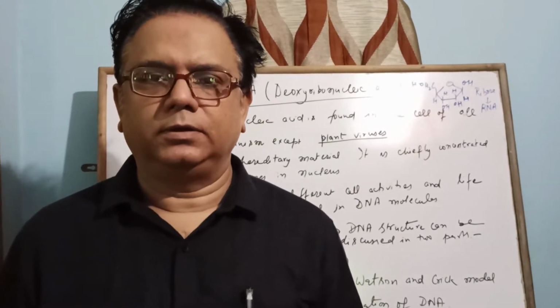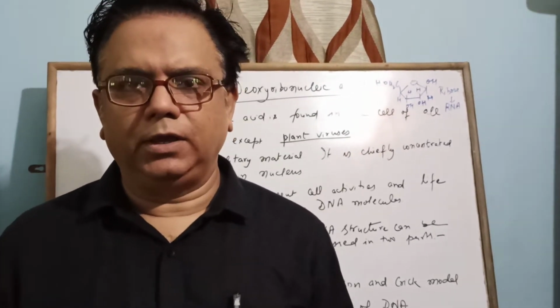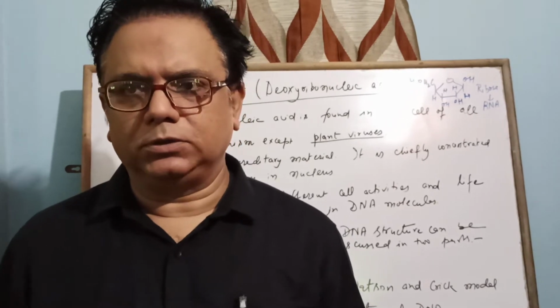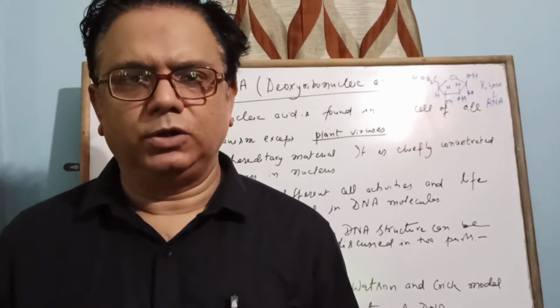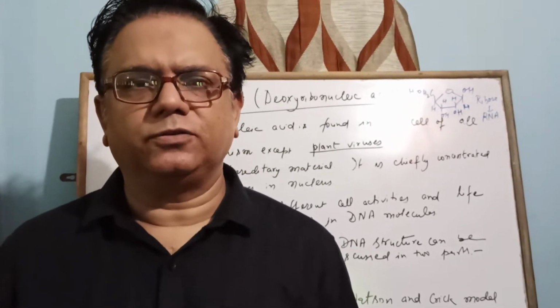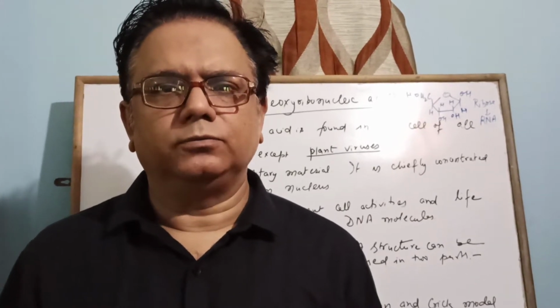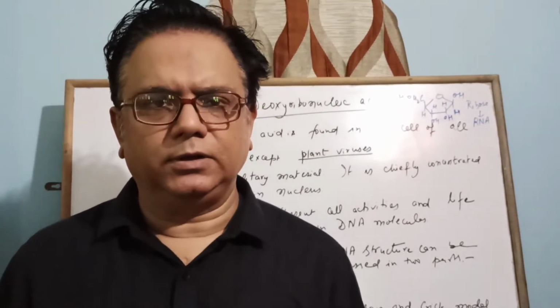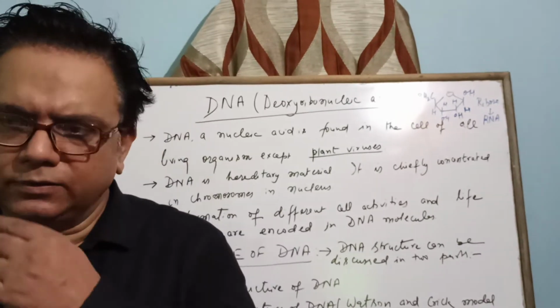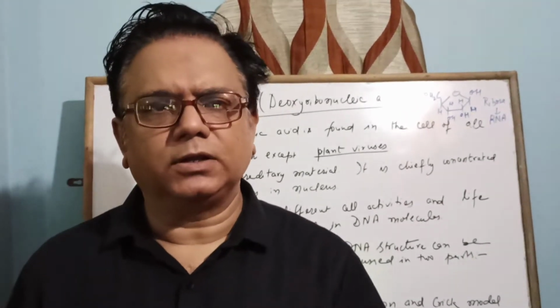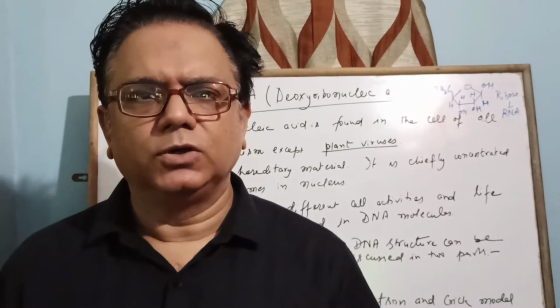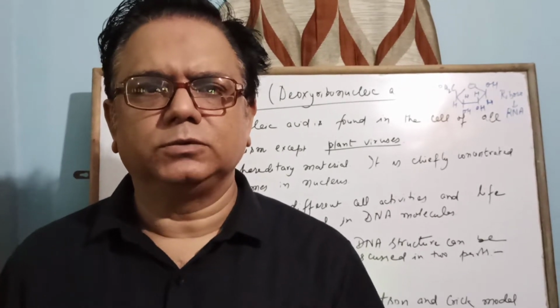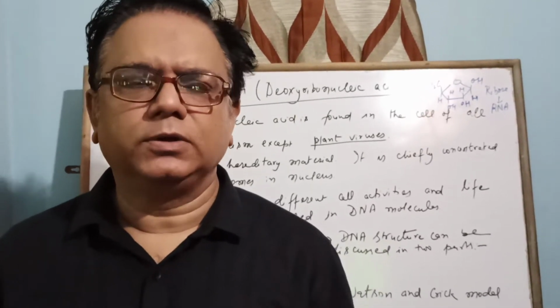Hello friends. Today in this video we will talk about DNA, the introduction and the structure of DNA. When we say nucleic acid, we say that nucleic acids are made up of heterocyclic bases, purines and pyrimidines, sugar, maybe 2-deoxyribose or ribose, and phosphates.